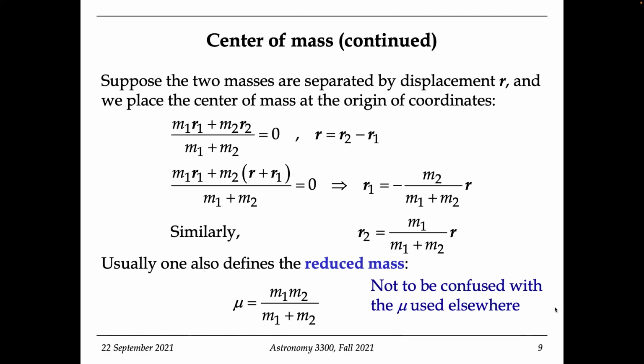But in that new coordinate system, the origin is 0. So R_CM equals 0. And so I can rewrite that to say where R1 is and where R2 is in my new coordinate system.